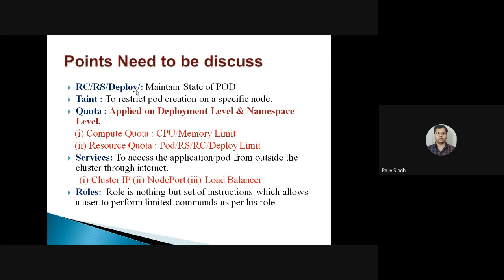We say Kubernetes provides auto healing and auto scaling functionality. So with the help of the RC, RS, or deployment, Kubernetes provides this type of functionality. If any pod got deleted due to any reason, then this resource will create another pod in place of that destroyed pod.